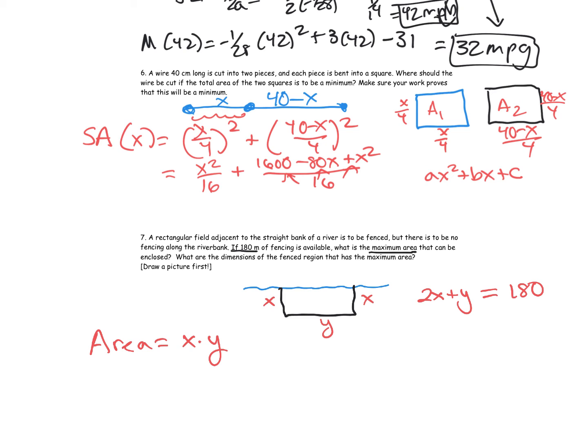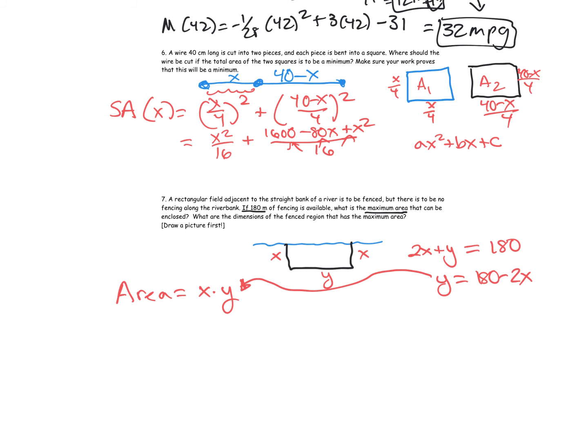Well, we want to find an area in an equation only in terms of one variable. Here's where the constraint comes in. So in order to rewrite area in terms of one variable, we're going to use that relationship between the two variables. So I'm going to say y is 180 minus 2x, and that will allow me to substitute in for y in the area equation, 180 minus 2x.